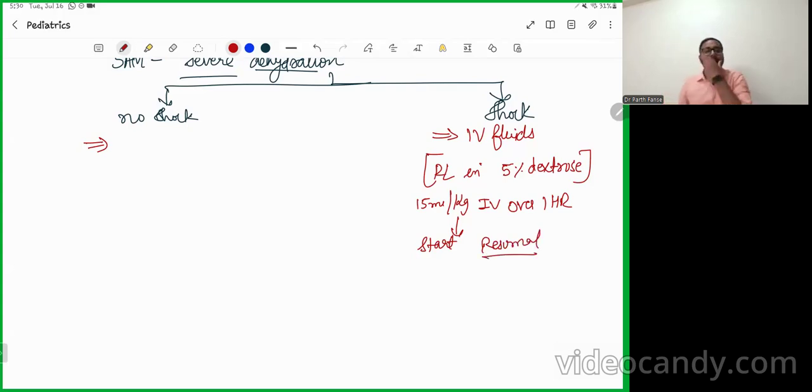What is Resomal? It is a rehydration therapy itself. One more thing: if a patient is without shock, no shock, you should start with Resomal. It is oral, a rehydrating solution for malnutrition.